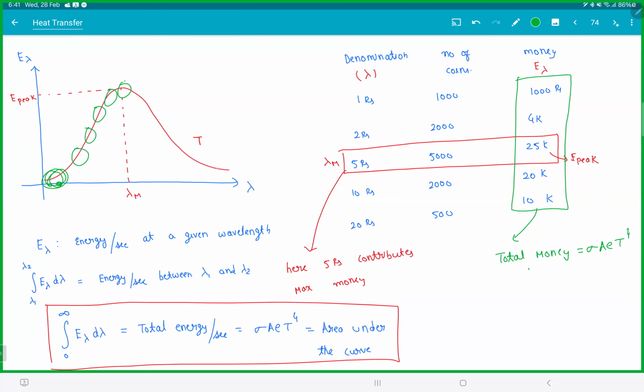And then again, you have very few photons with very high wavelength. So in the center, you get a peak value. And that wavelength into temperature is constant, but that is experimentally derived. Using an analogy, you have money with you, 1 rupee, 2 rupee, 5 and 10 and 20 rupee, but 5 rupee contributes the maximum amount of money. So that lambda m into temperature is constant.